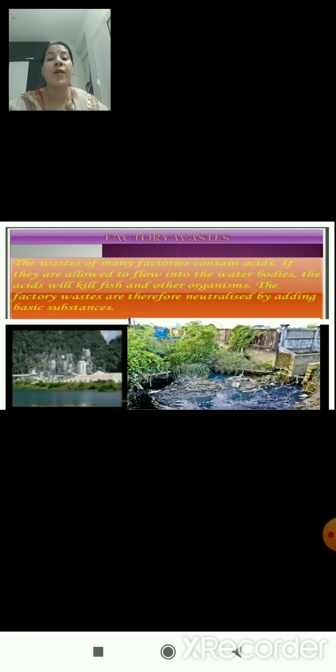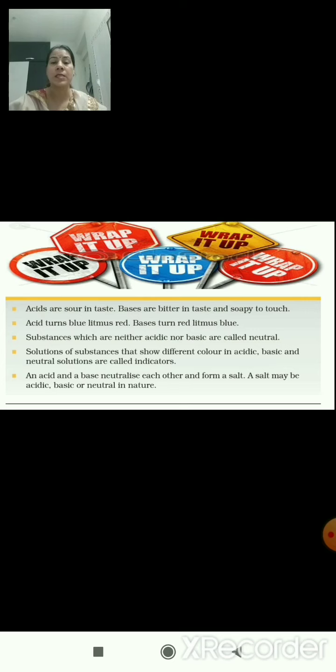So, the factory waste needs to be neutralized by adding some basic substances into it. And once these basic substances are added to the acidic waste of factories, it will neutralize the waste, and now that waste will not harm plants and other life forms which are present in the water where this waste will be discarded. Children, this is all about neutralization reaction which is related to our day-to-day life.